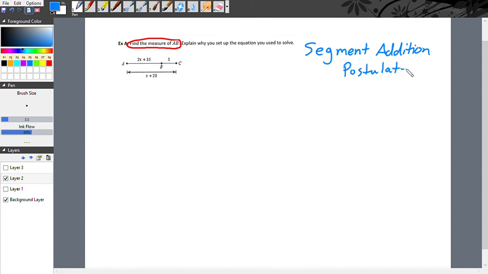So this is why I said you might use things like theorems, postulates, or properties. This time we're going to use a postulate called the segment addition postulate. This is the name of the main tool that we're going to use to actually solve this equation.